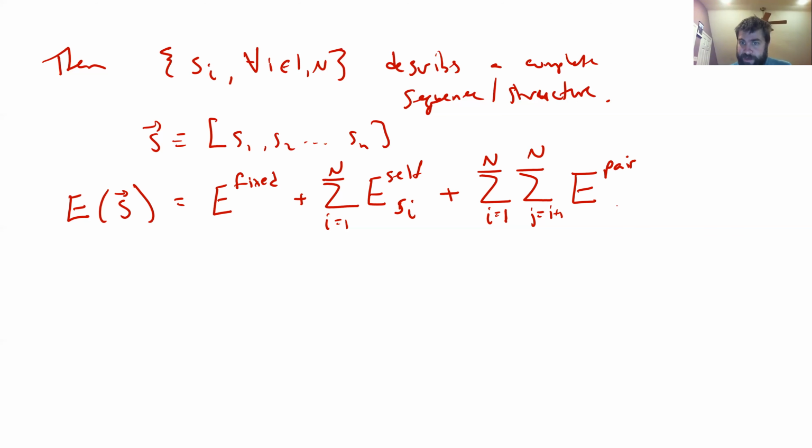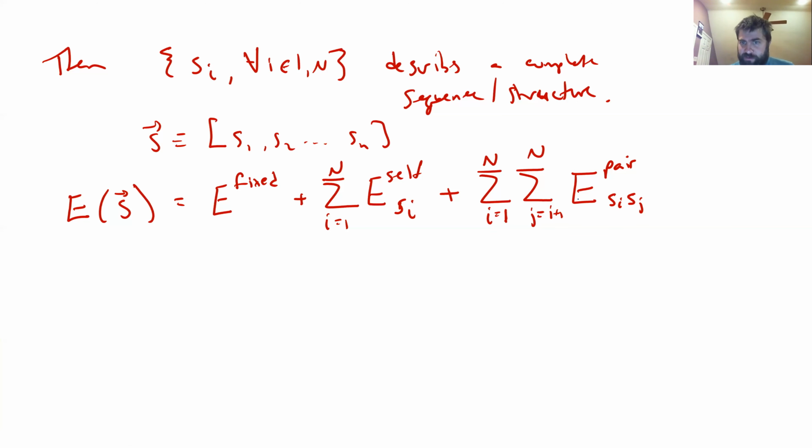And this pair energy is going to depend on the rotamer choice that we've made at 2 different positions. Now, each of these terms is going to include different parts of the overall molecular mechanics energy, and they need to end up being equal.